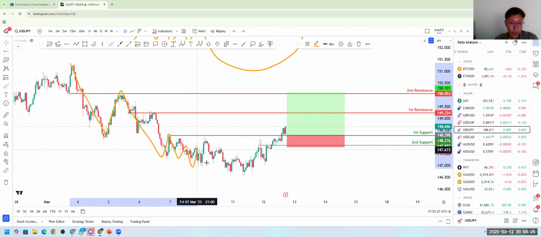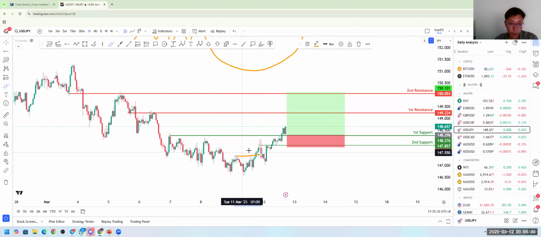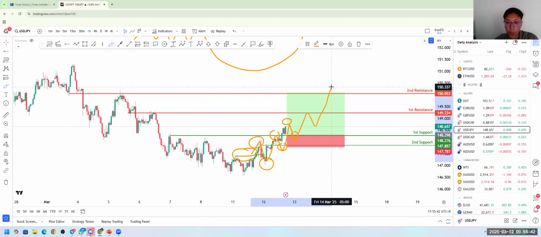Then we have all this consolidation right here. Then we have this break of this high, which creates this higher high, higher low, higher high, higher low, higher high, higher low. So it will generally continue up until here.